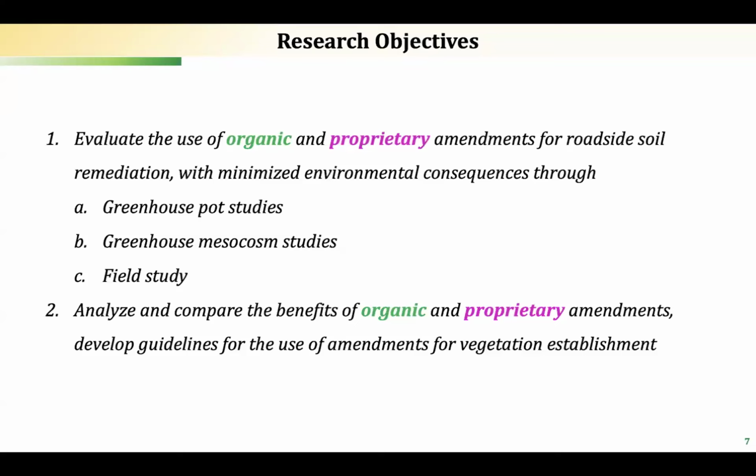Then, based on the pot studies in the greenhouse, we selected the most promising and worst case scenario mixes and ran greenhouse mesocosm studies, and looked into the impact on vegetation establishment and soil erosion under heavy rain events. And then from the mesocosm studies, we built test plots, 12 of them on one site, to see how it would perform in real field conditions in Minnesota.